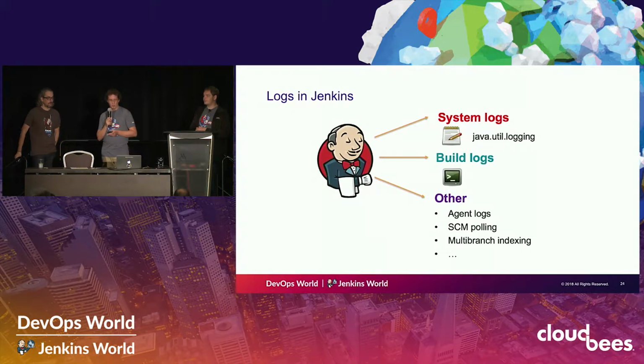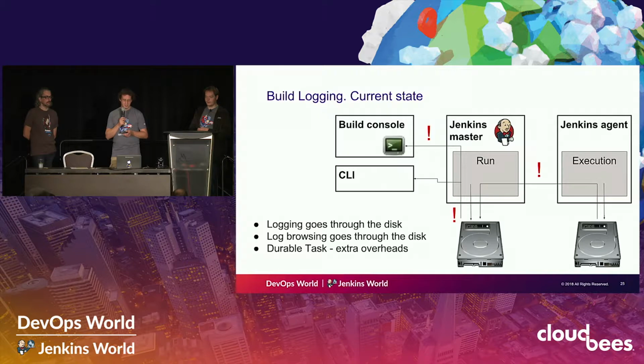We'll talk a little bit more in depth about logging because this is a more complicated case. And in particular here, I'm talking about build logs rather than other kinds of log output that's generated by Jenkins, like the administrator system log. So how a build log works in Jenkins in currently released versions of software is that the master is entirely responsible for the full text of the log.